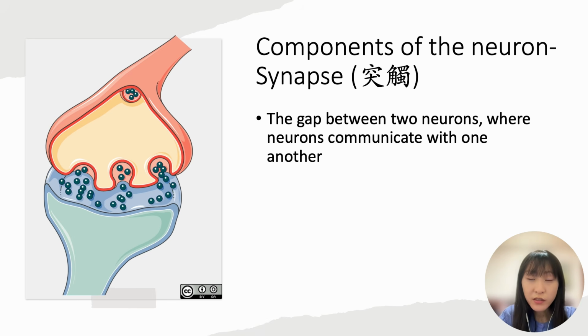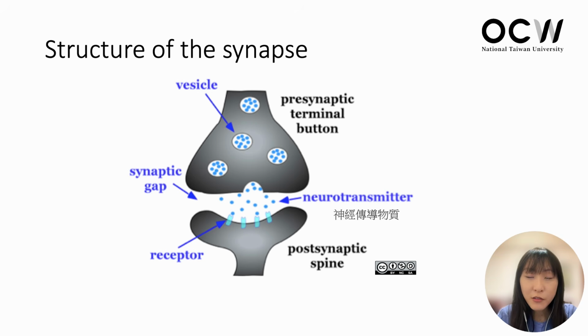And finally, for the scope of this course, the last component that we will cover will be the synapse. It is a gap between two neurons, where information is passed from one neuron to the next one. Here is a closer look at the synapse. The vesicle is a package of chemicals called neurotransmitters.